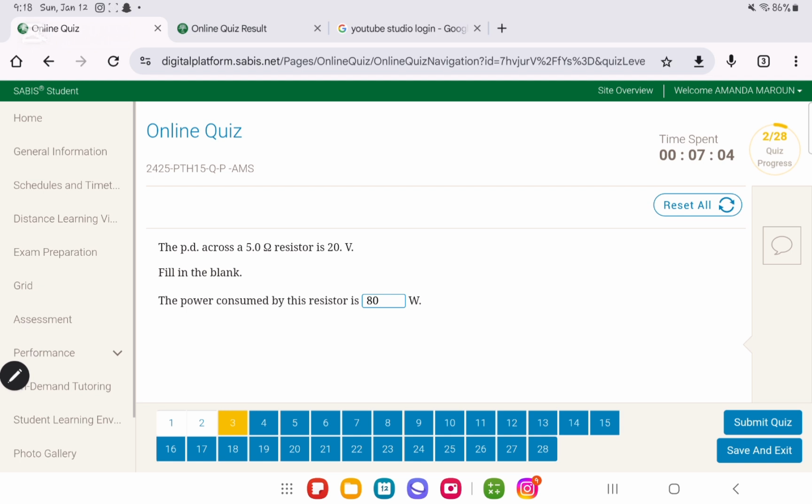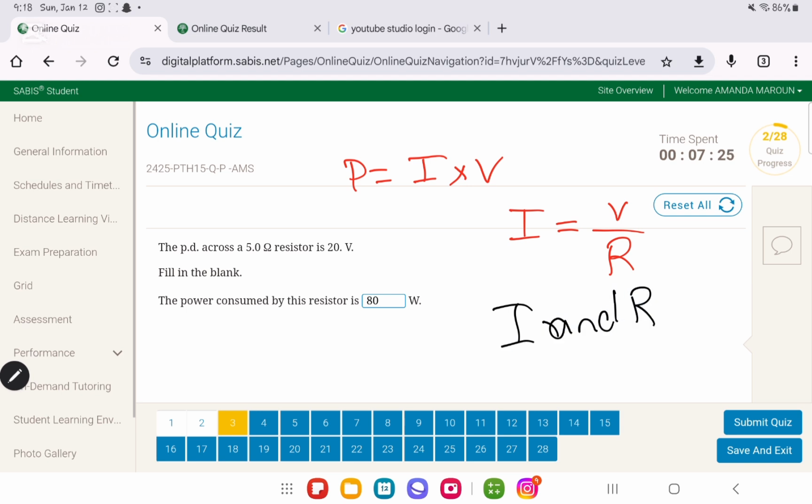If you cannot memorize all of these equations, just memorize this basic equation, which is that power is equal to the current times the voltage, okay? And that the current is equal to the voltage divided by the resistance. So if they gave you, for example, in one question, the current and the resistance, and they need you to find the power, you can very simply substitute the voltage by what?